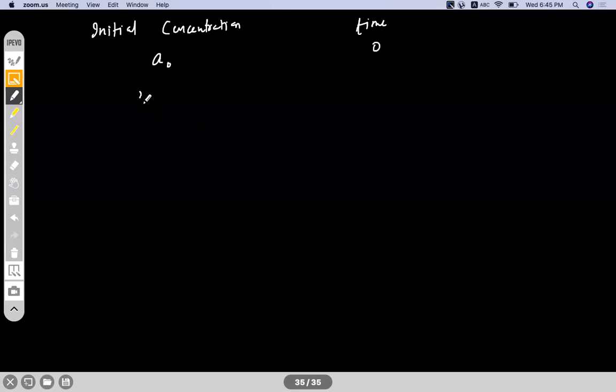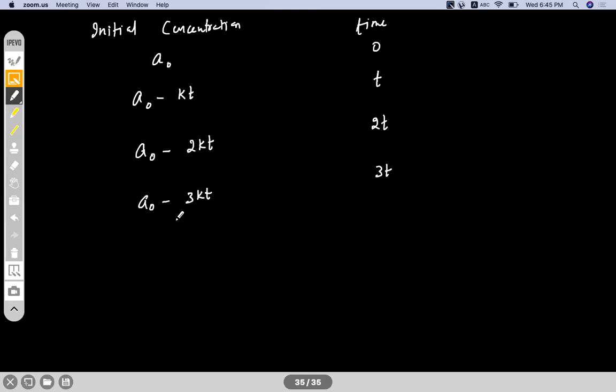This becomes A naught minus KT according to the equation that we have got just now for zero order at time t, right? If you have 2t here, double time of this, then this would be A naught minus 2KT. If it is 3t, A naught minus 3KT, and so on we can go. Correct?